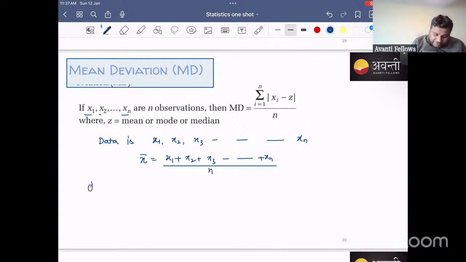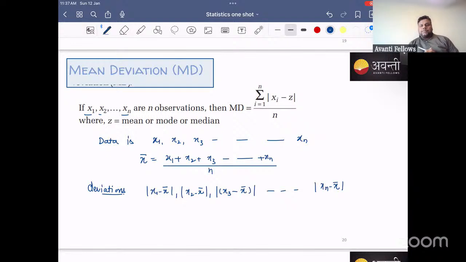Now we will find the deviations: mod of x1 minus x bar, mod of x2 minus x bar, mod of x3 minus x bar, and so on, mod of xn minus x bar.